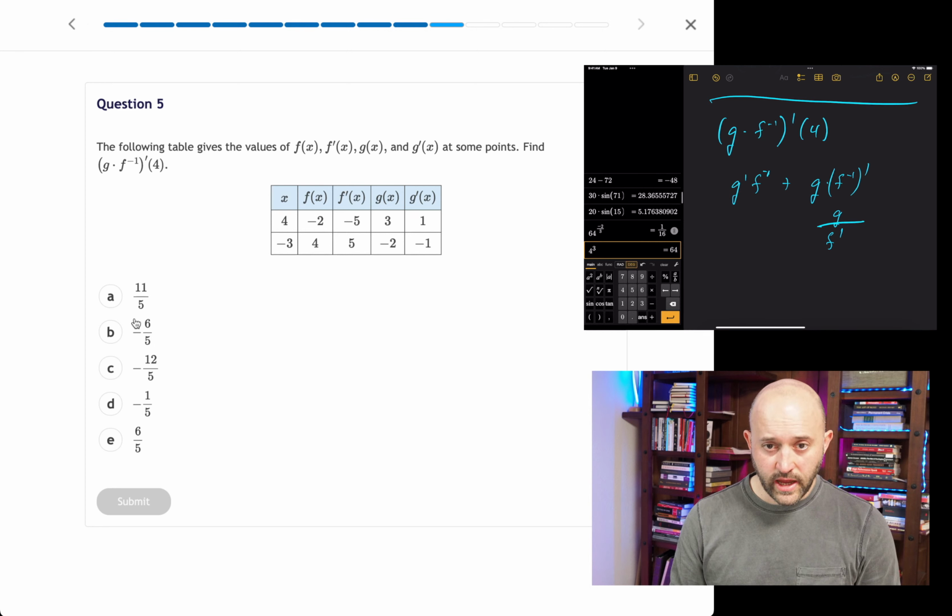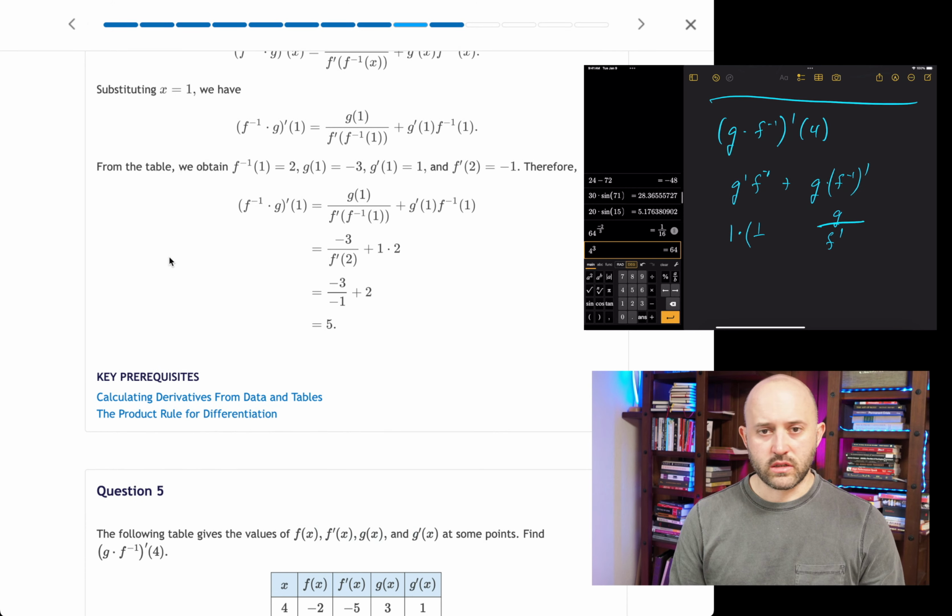Okay, so that would be at 4. g prime at x is 1 times f inverse, which is 1 over f prime at 4. Okay, this is where it's getting tough.